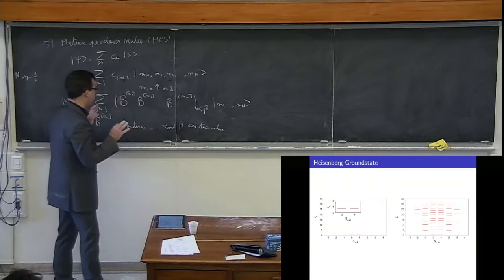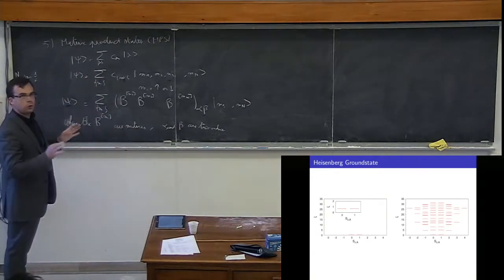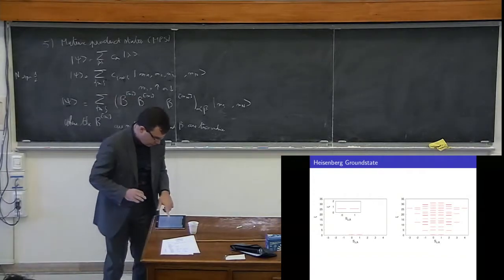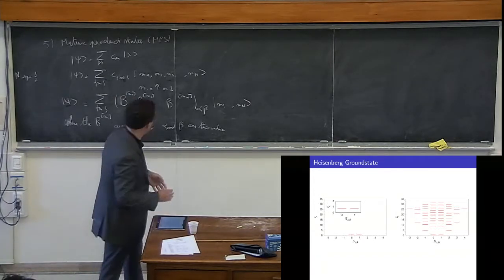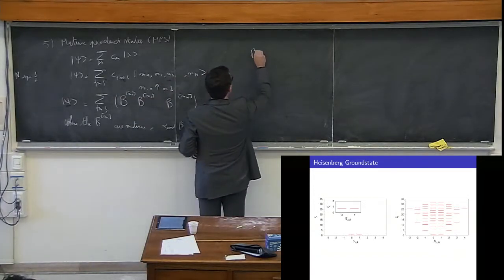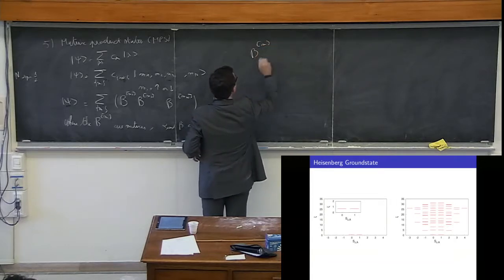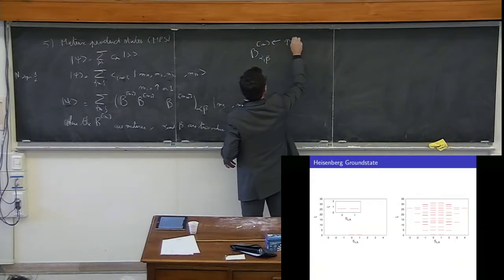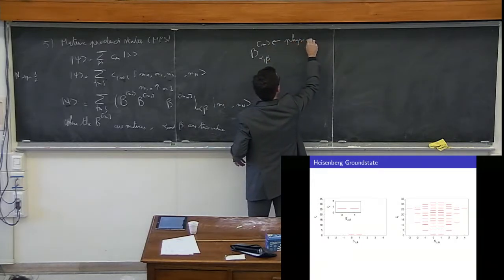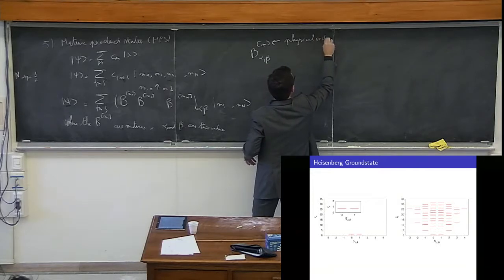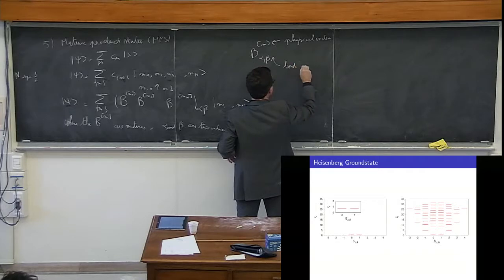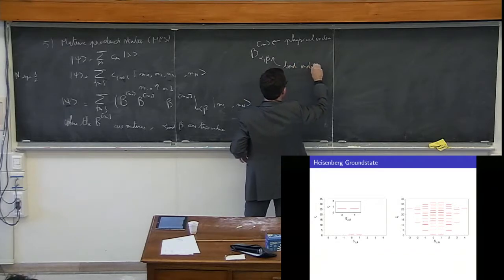It just sounds like a super complicated way to rewrite my coefficients. Let's say alpha, beta. This one is called the physical index. These are the bond indices.